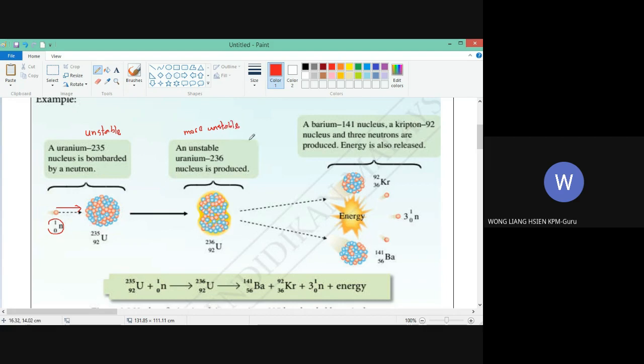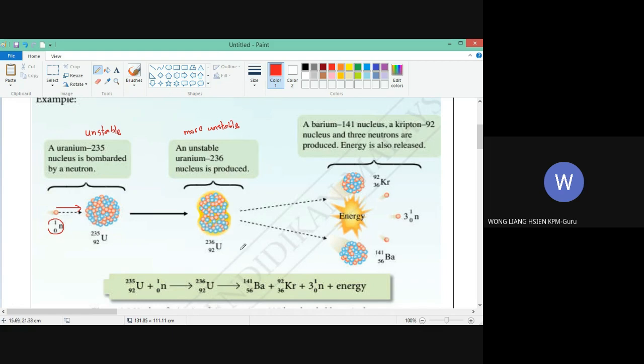When it becomes very, very unstable, we want it to become stable in the shortest time possible. And the fastest way to become stable is by reducing the mass.